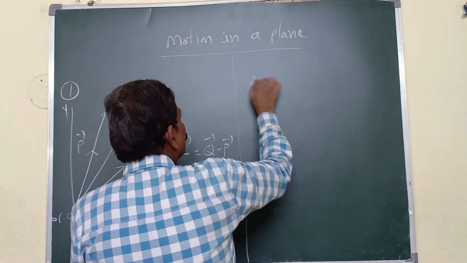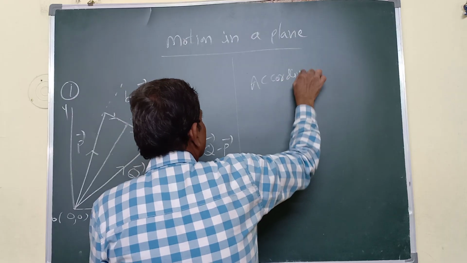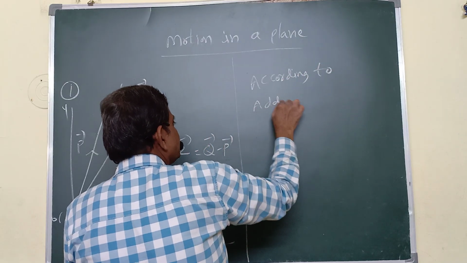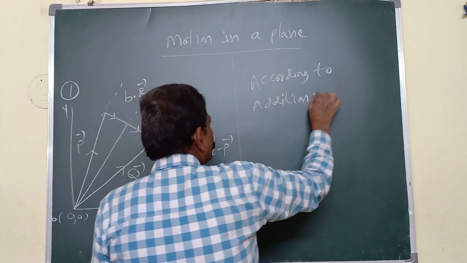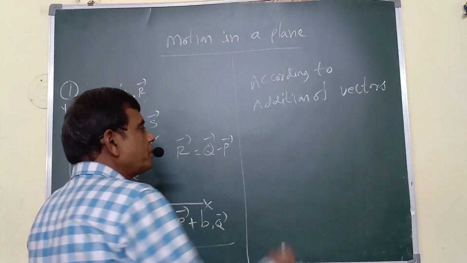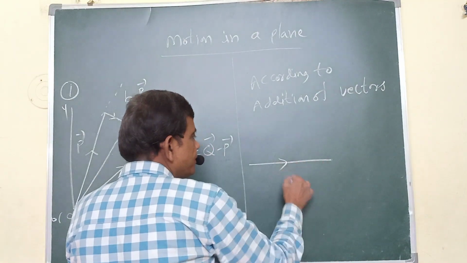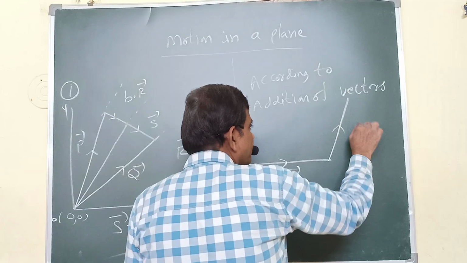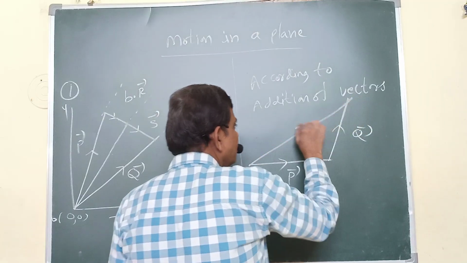According to addition of vectors, what happens? For example, this is one P vector and this is one Q vector and this is one R vector.